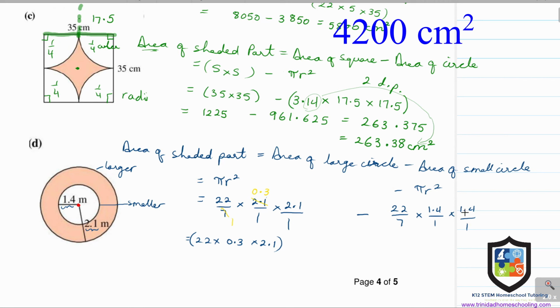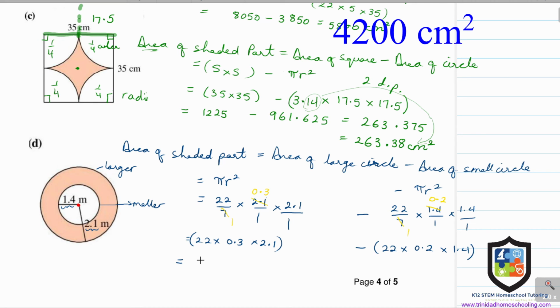So I could say 7 divided by 7 is 1, 7 into 14 is not 2 but 0.2. So I am left with 22 multiplied by 0.2 multiplied by 1.4.